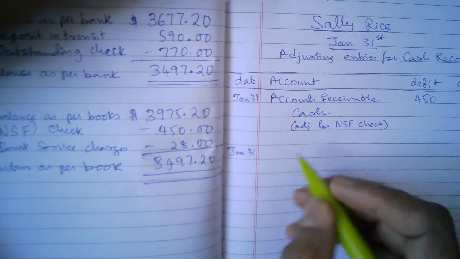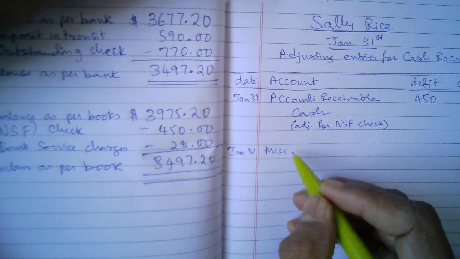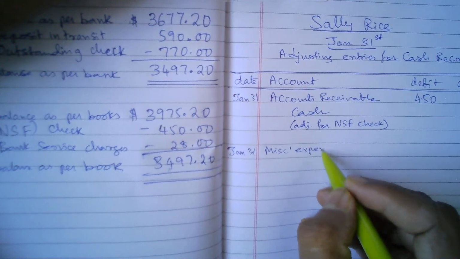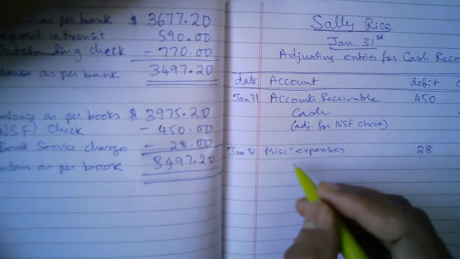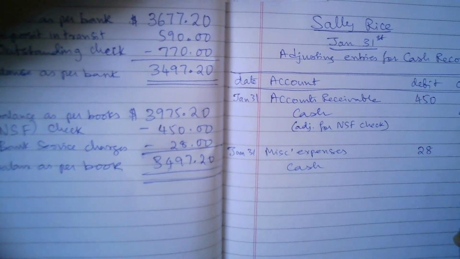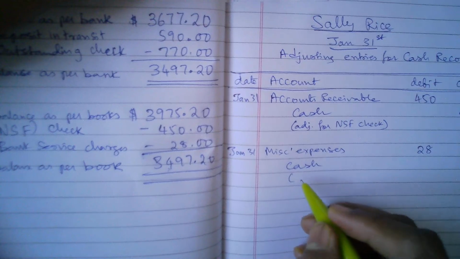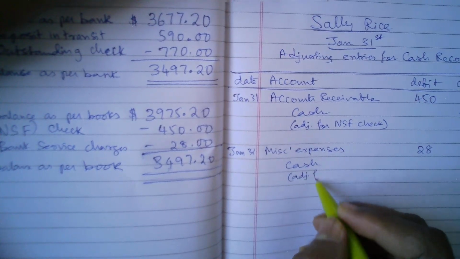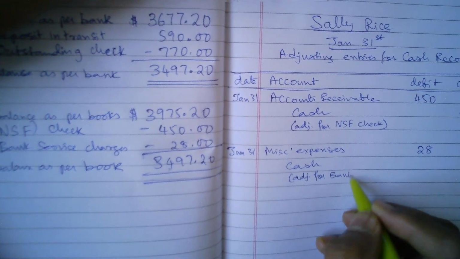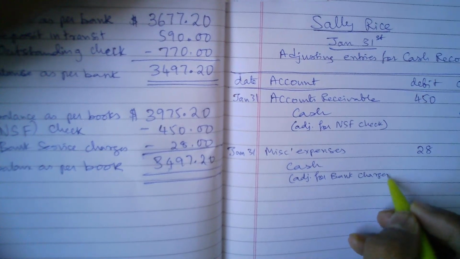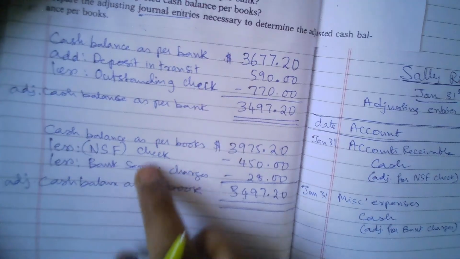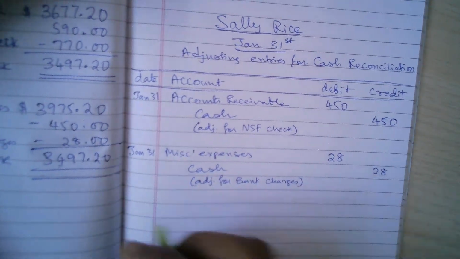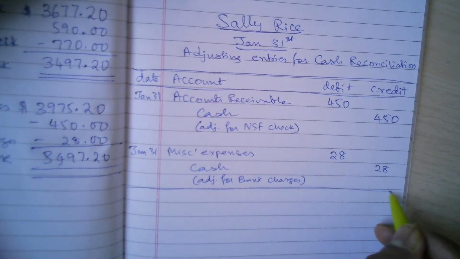Jan 31, miscellaneous expenses $28, and then cash will be credited by $28, and this will be the adjustment for bank service charges. Now, any other adjustment? There is no other adjustment. So these are the two journal entries for this one.